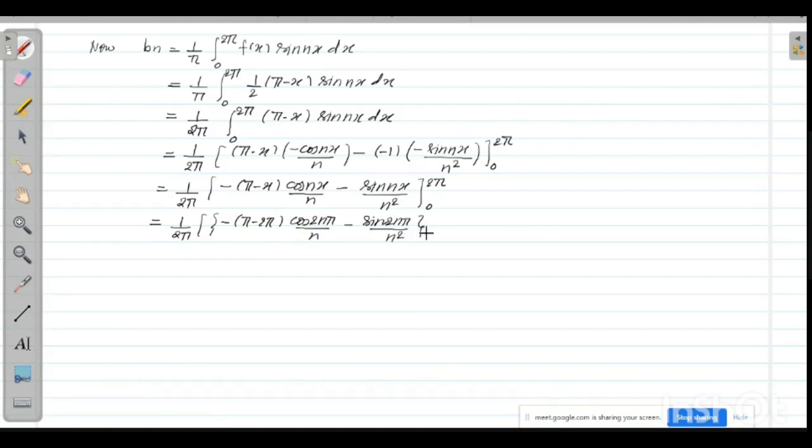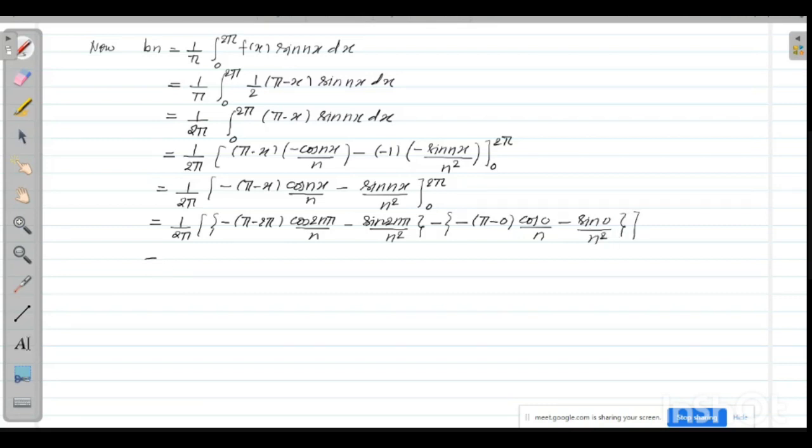Okay, now close the bracket. Minus the lower limit. So minus is here and (pi minus 0), so instead of x we put here 0. So we have cos 0 by n, and minus sine 0 by n square. Okay, now close the bracket.